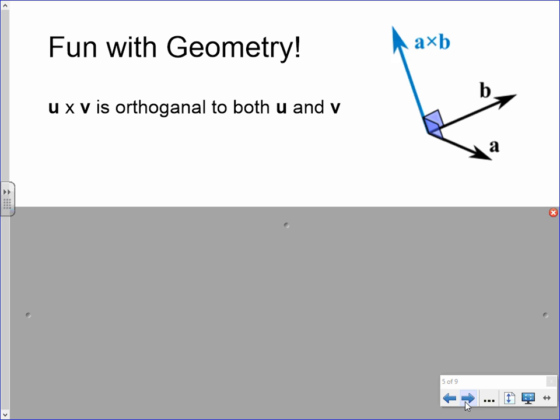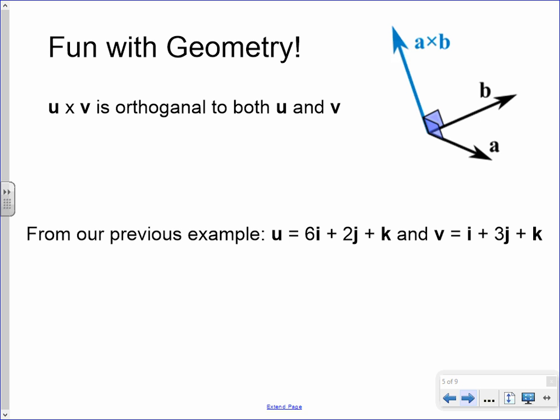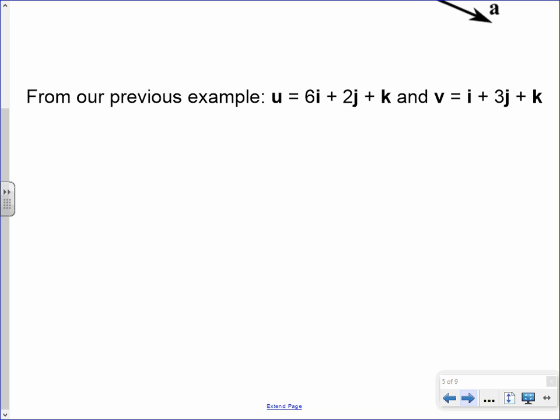Now, if we have vectors that are orthogonal, what's true about their dot product? It's 0. So, in the last example, we had these two vectors, correct? What did we get for U cross V? Negative I minus 5J plus 16K.